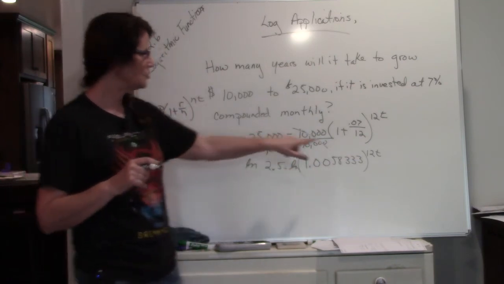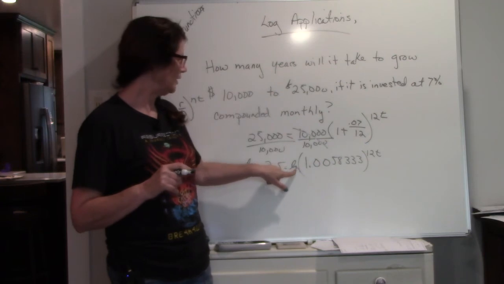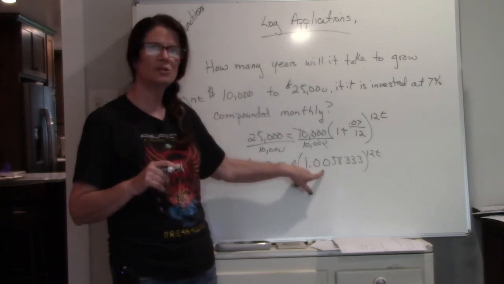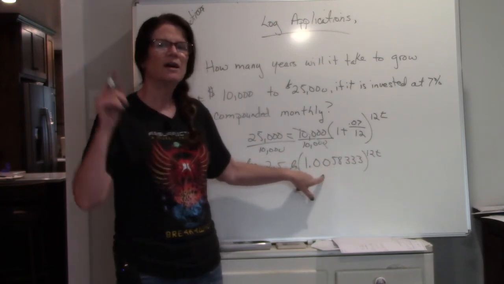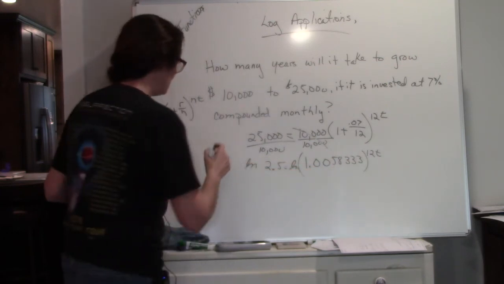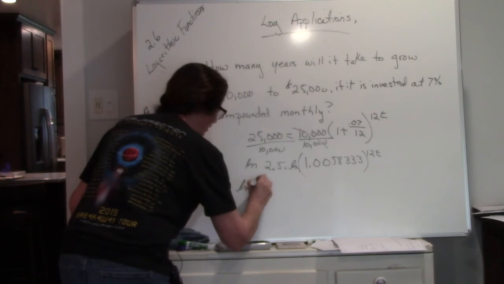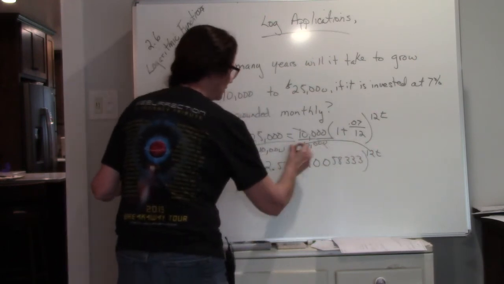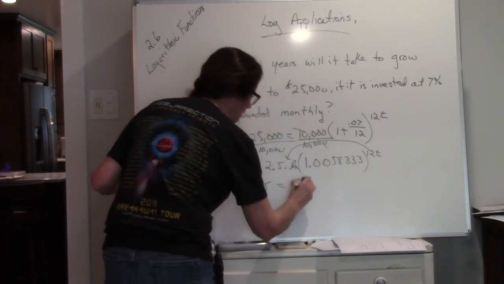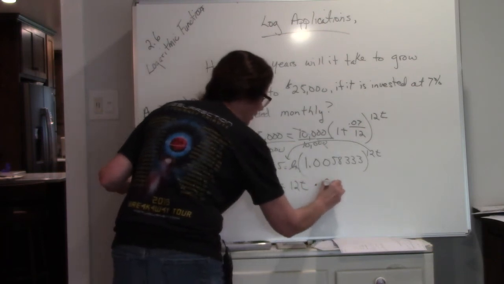But what it does do is when I ln this, I've just changed this to an exponent. So now I have an exponent on an exponent. I'm going to use the power rule. So on this side, I have ln 2.5. This side, I'm going to drop my 12t to the front and then multiply.